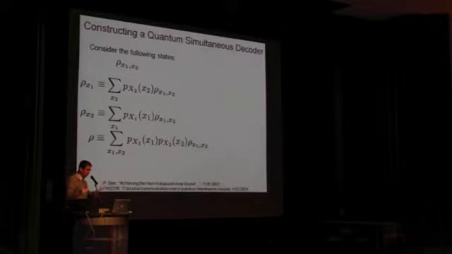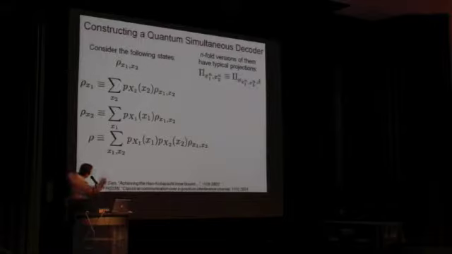All these states are relevant because in the decoder we're going to have typical projectors that correspond to each of them. For the tensor product of the first state, we're going to have a conditionally typical projector. For the next type of state, we're also going to have a conditionally typical projector, the same for the next type of state, and then the same for the average state. What makes this problem seemingly difficult is that these states don't have to commute.